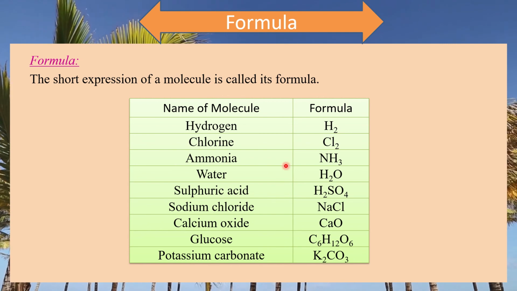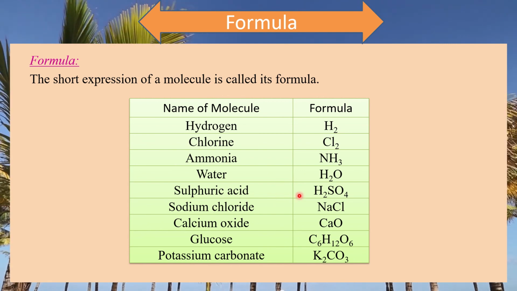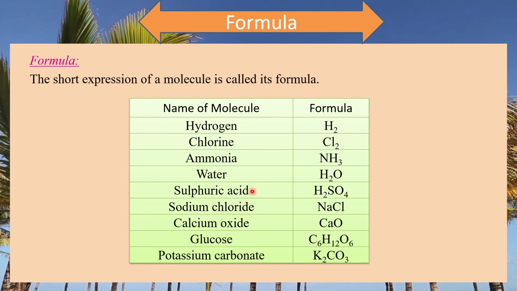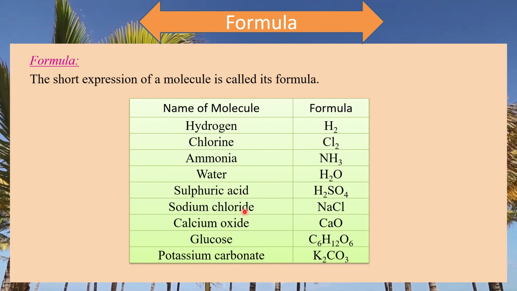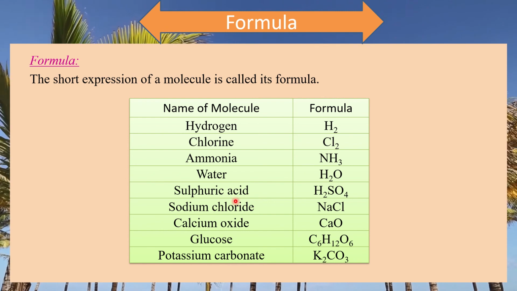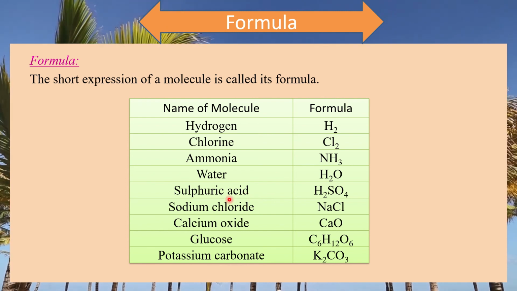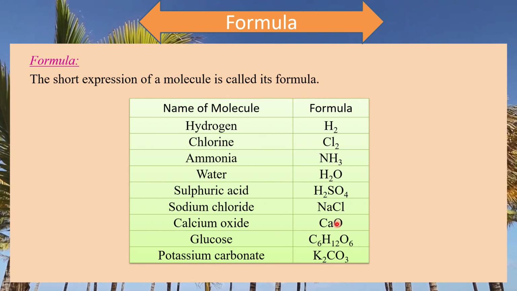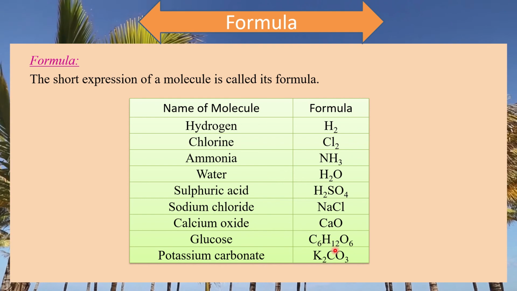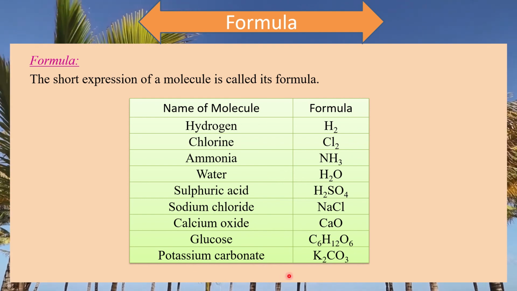In standard 8, you learned the formulas of most of the elements. So there is nothing new to learn. Just practice at home the formula writing that you learned in your previous class. Sulfuric acid, H2SO4, sodium chloride, NaCl, calcium oxide, CaO, glucose, C6H12O6, potassium carbonate, K2CO3.